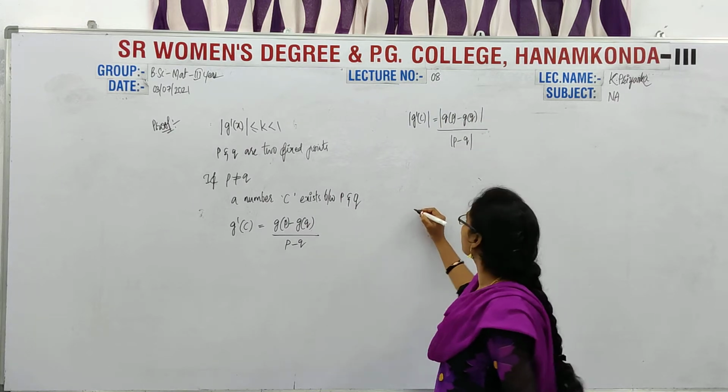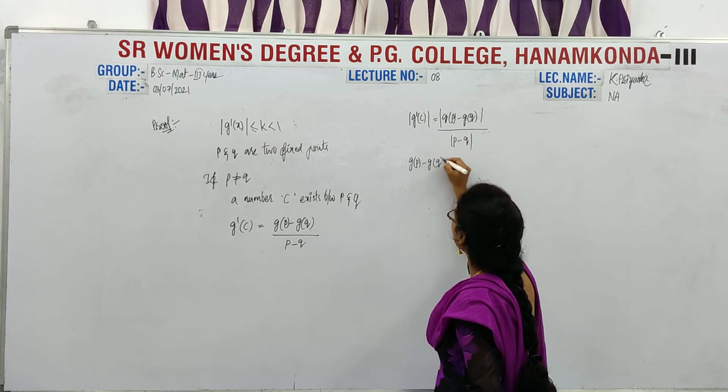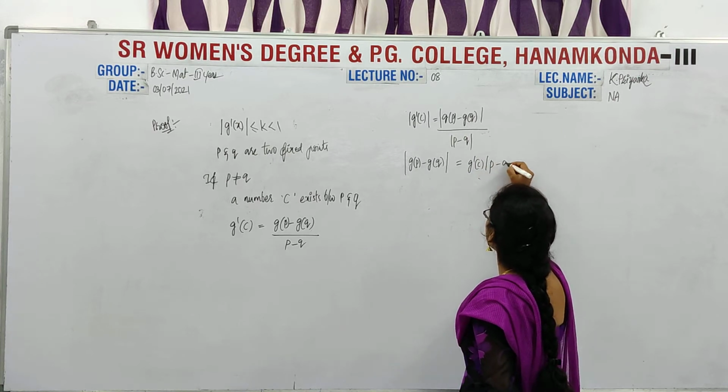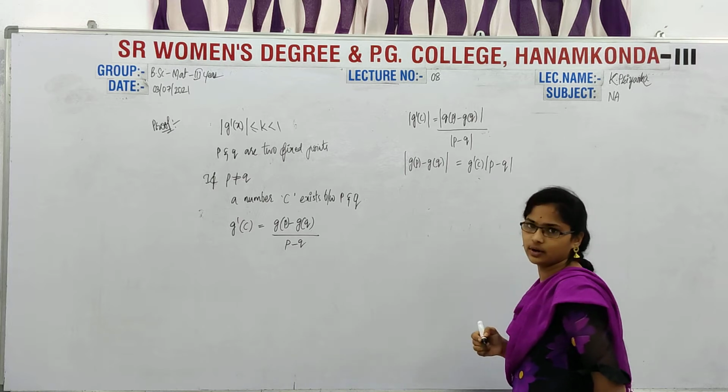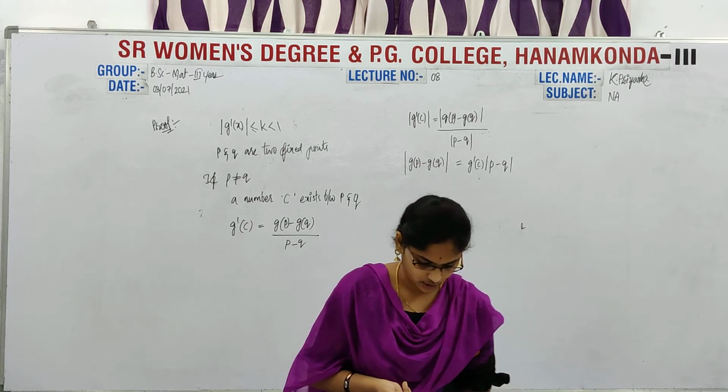Now I am taking cross multiplication: g of p minus g of q is equal to g dash of c into p minus q. Okay?